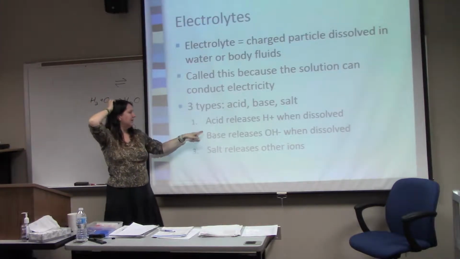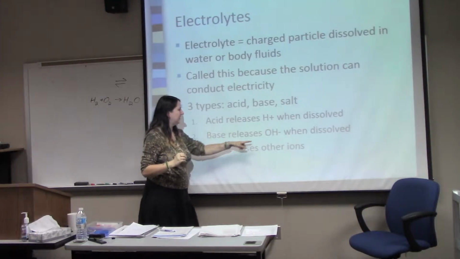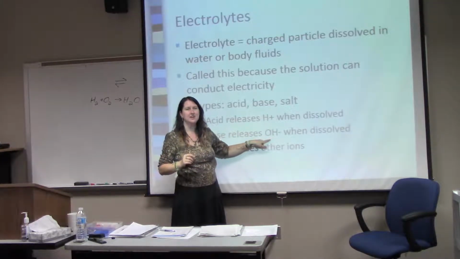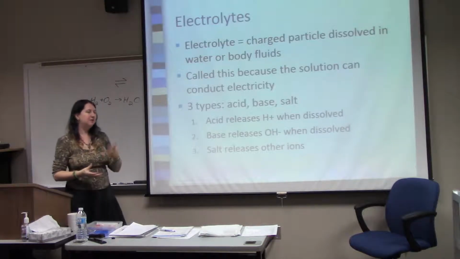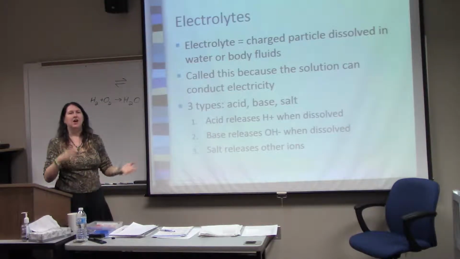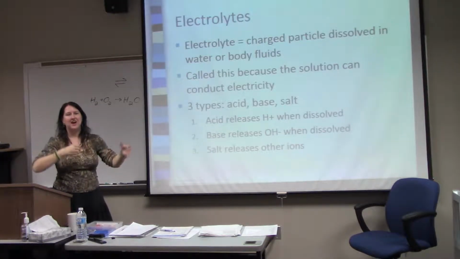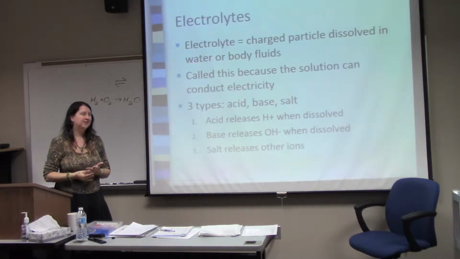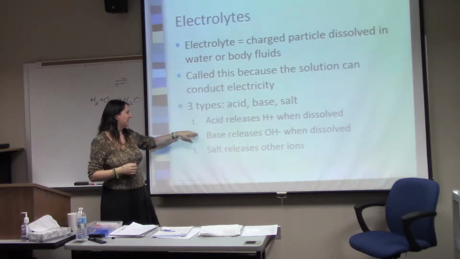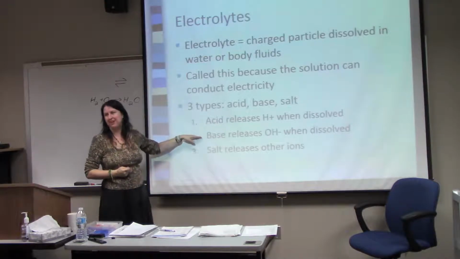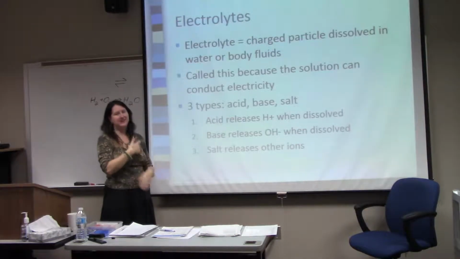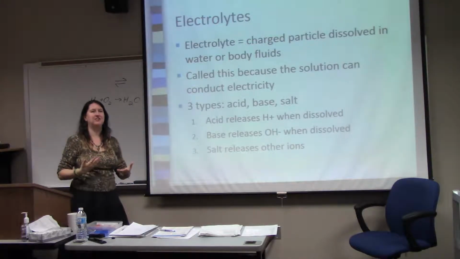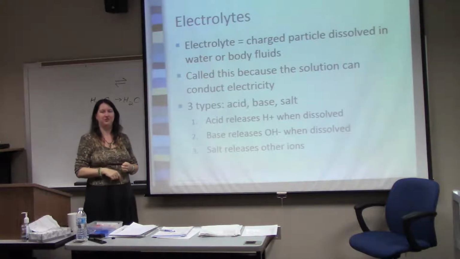A base causes an increase in hydroxide ions, written as OH-. When it dissolves, sometimes it produces those, sometimes it snags the hydrogen out of the solution. So you can also look at it as acid has more hydrogen, base has less hydrogen. A salt releases some kind of other ions that don't affect the amount of hydrogen in the solution.